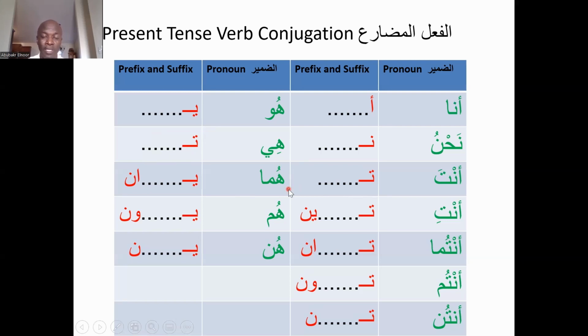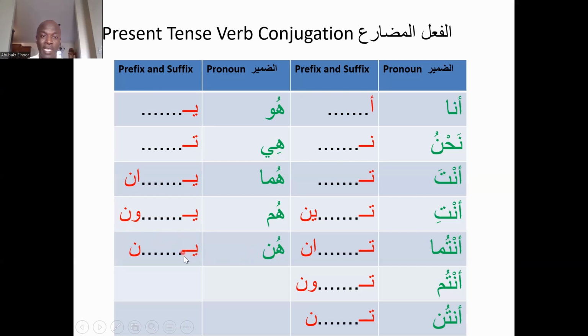Huma, we said for dual, two, they, could be masculine or feminine, or a female and a male. It doesn't matter. For two, we start the conjugation with the letter ya, and then you put the verb and the alif noon. Also here, alif noon. Hum, they, masculine, plural. You start with the ya, then you put the verb, and then you have the waw noon at the end in the present form. Hunna, they feminine.